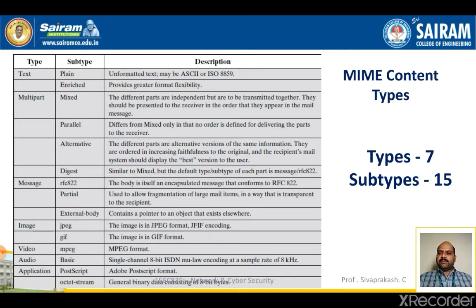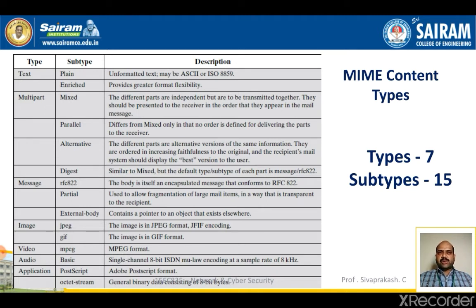The second one is multipart. Multipart indicates that the body contains multiple independent parts. The content type header field includes a parameter called boundary that defines the delimiter between body parts. This boundary should not appear in any part of the message.